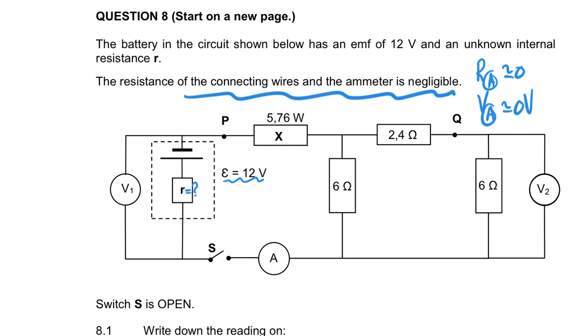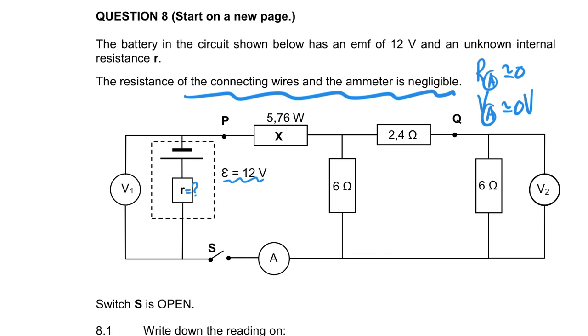So if we had to put a voltmeter across a wire, the potential there and the potential there would be the same. So there would be no volt drop. That would be 0 volts. So they always invariably put that in.